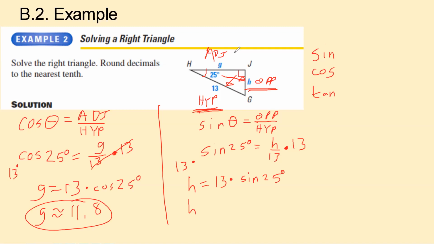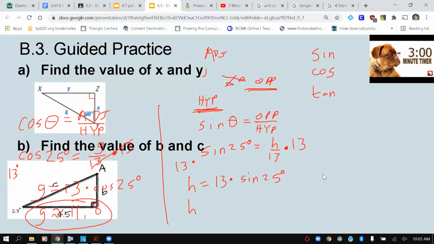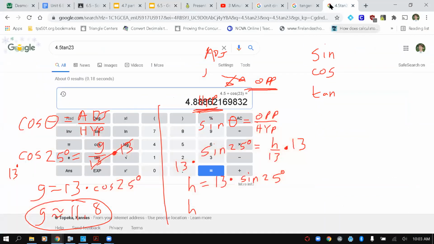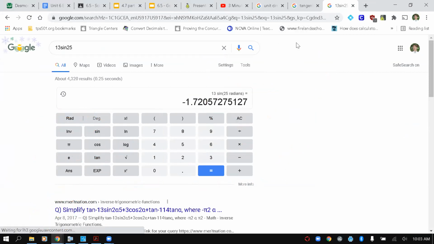And if you don't have that TI-84, which is kind of silly, you should, you can Google these. If I type in 13 sine of 25, the only issue you'll run into is it's giving you the answer in radians and not degrees.